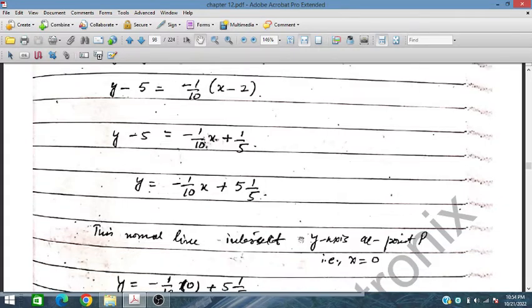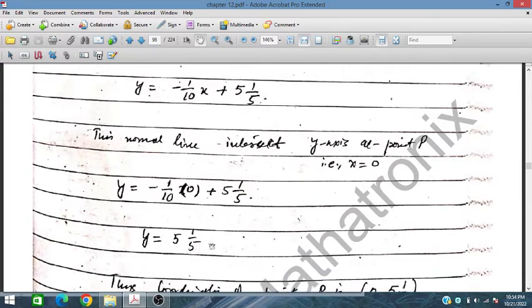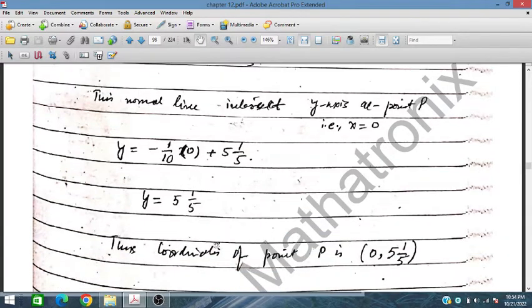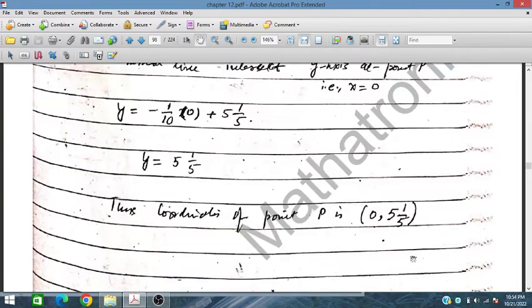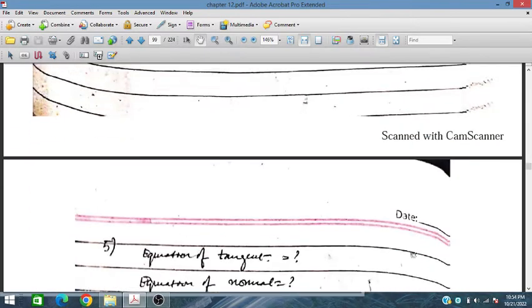This normal line intersects the y-axis at point P. At point P, x is 0. So when x is 0, y becomes 5 and 1/5. So the coordinate of point P is (0, 5 1/5), that is 26/5. This is the required point.